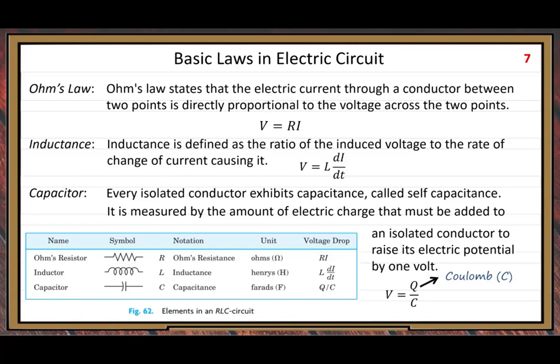So here, 2 isolated surfaces, but very close. So this device, this component, can store a certain amount of electric charge. We use Q to represent it. This Q, the amount of electric charge, has some relation with electric current, because electric current is caused by electric charge.